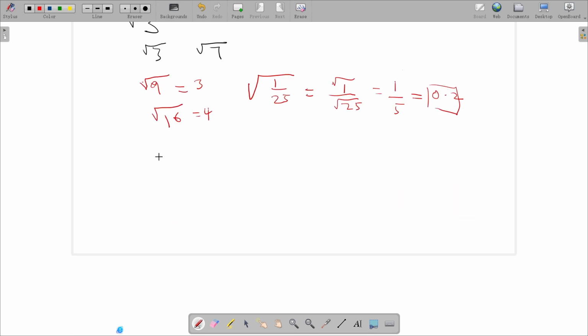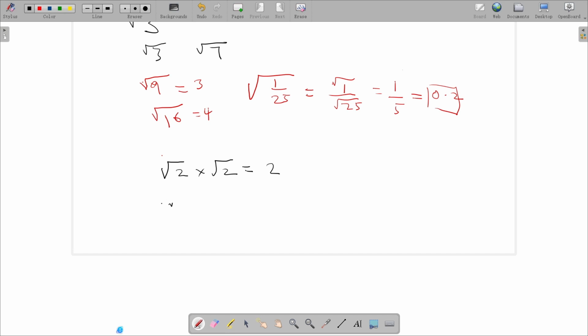Now let's try and simplify surds. The basic fact of a square root number is that when it multiplies by itself, it gives the original number. So when you multiply square root of 2 times square root of 2, it should give you 2. Let's try another example.